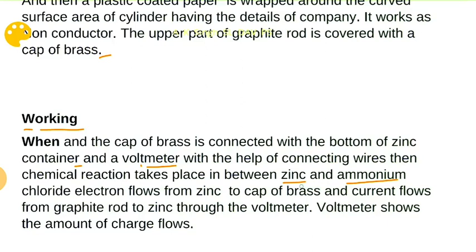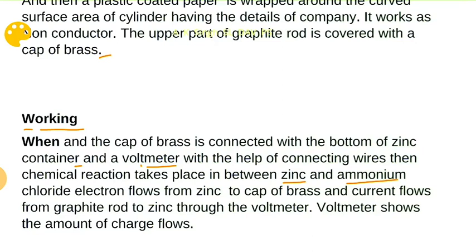Zinc loses electrons that move through the connecting wire up to the graphite rod, and current flows from the graphite rod to the zinc bottom or zinc container through the device, and the voltmeter indicates how much charge flows through the connecting wire. Generally 1.5 volt is passed through it.